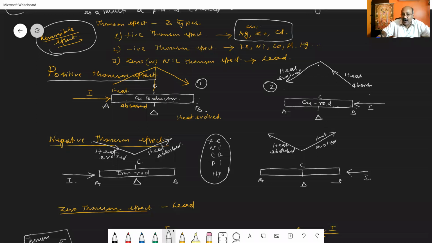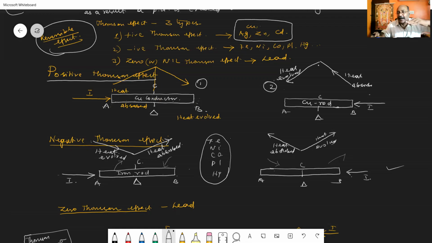Heat the center with the help of a Bunsen flame, so that the temperature at C will be higher than that of A or B. Now, when I am supplying the current from A to B, then from A to C heat energy is evolved, and from C to B heat energy is absorbed. If you reverse the direction of current, then from B to C heat energy is evolved, and from C to A heat energy is absorbed, which indicates that the Thomson effect is reversible. This type of Thomson effect we call the negative Thomson effect.